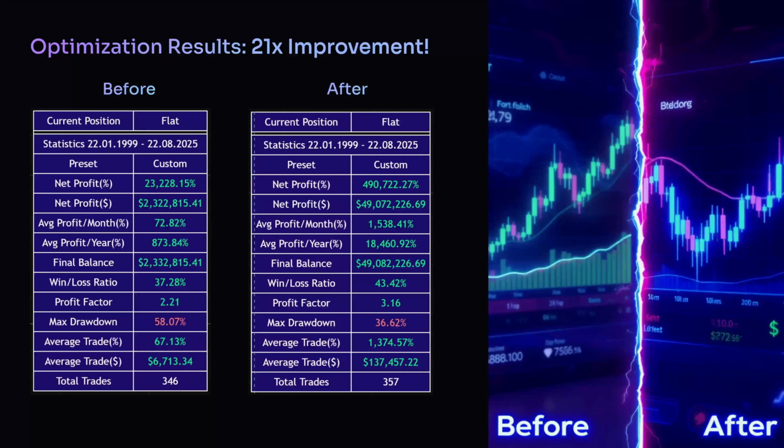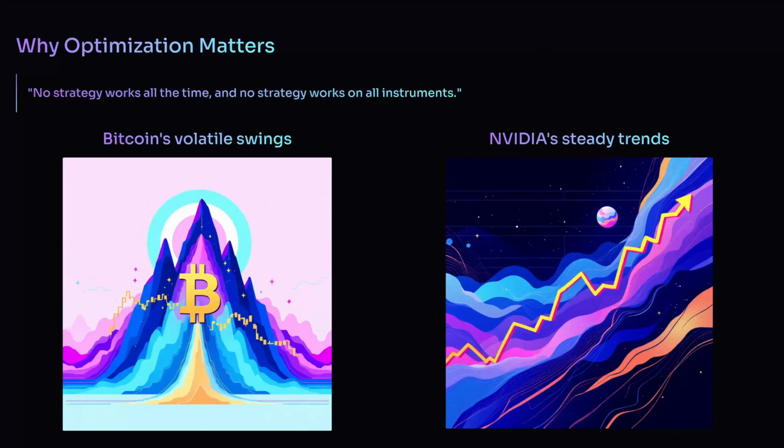with any trading instrument. Here is what most traders do not understand. There is an old saying in trading that no strategy works all the time and no strategy works on all instruments. This is absolutely true. What works perfectly on Bitcoin's volatile swings might fail miserably on NVIDIA's steady trends.